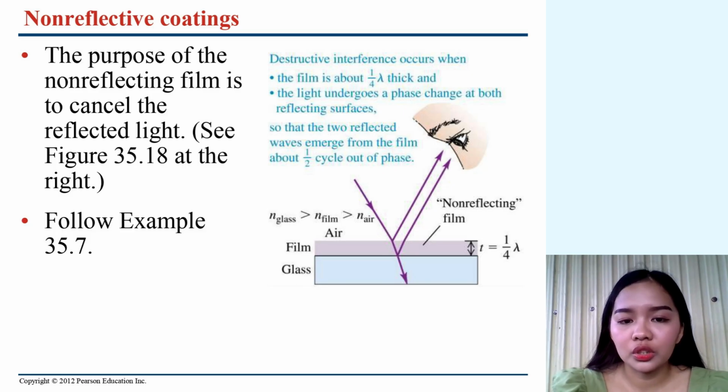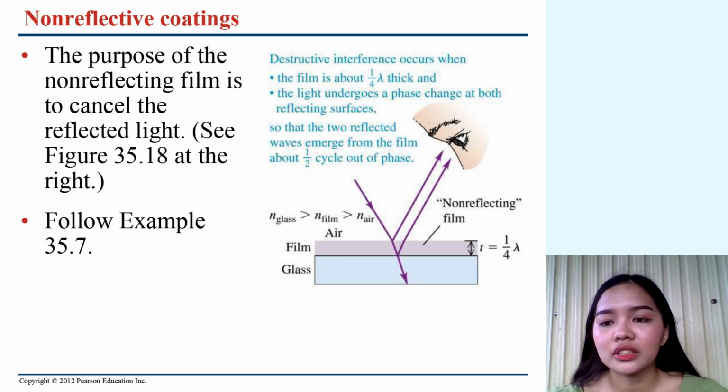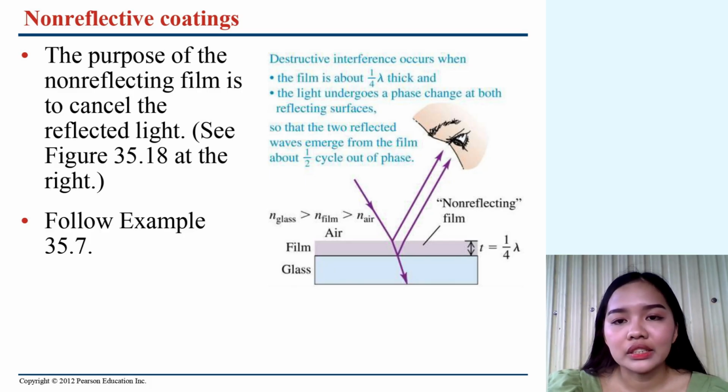Ever wonder why camera lenses or eyeglasses have a purplish or greenish tint? That's a non-reflective coating. You put a very thin layer of a material like magnesium fluoride on top of glass, then the light reflects off the top of the coating and off the coating-glass boundary.